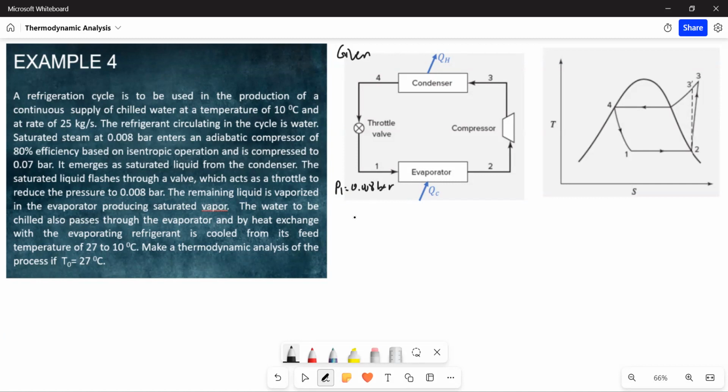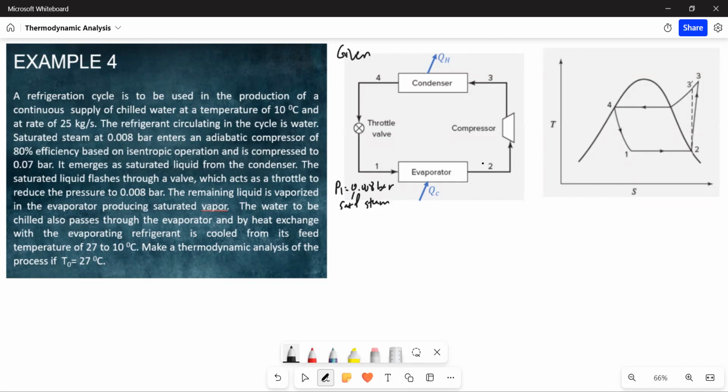And we know that it is saturated steam, a mix of saturated vapor and liquid.